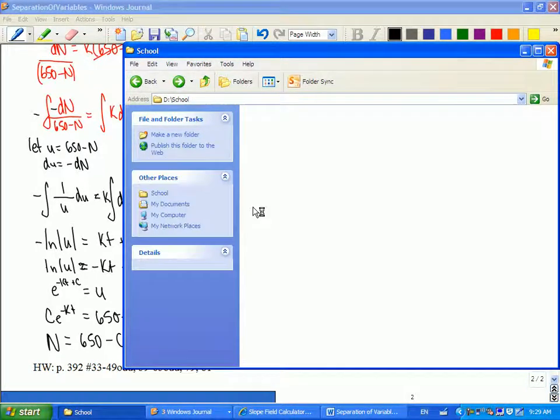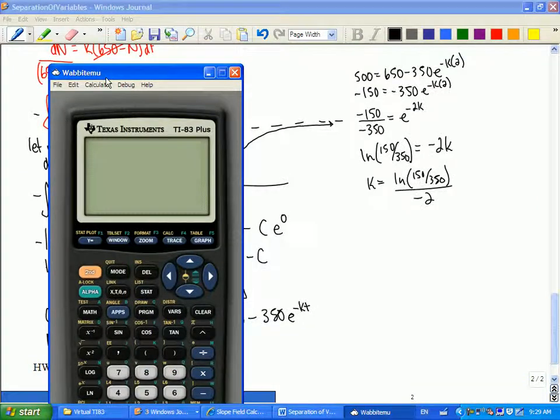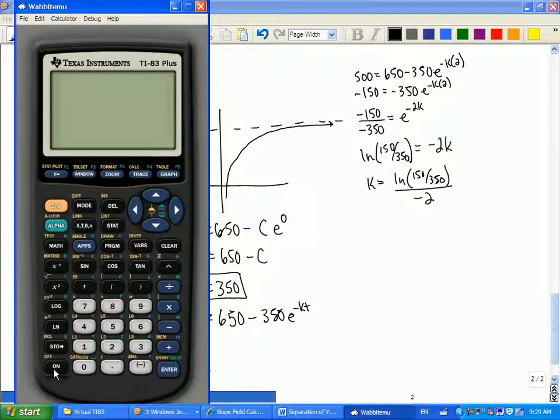So let's go back and grab our handy-dandy graphing calculator. Okay, so we've got the natural log of 150 divided by 350, and that whole thing is divided by negative 2.